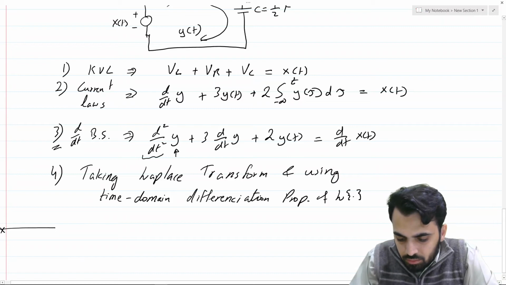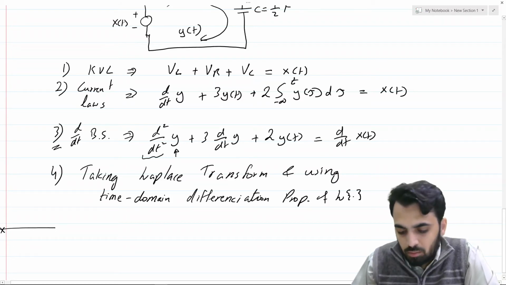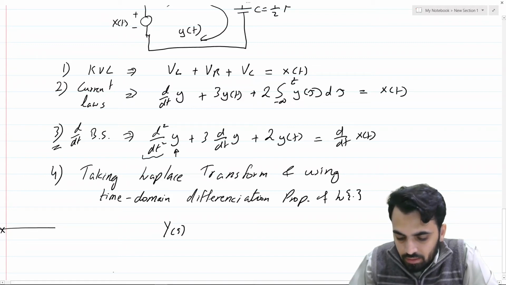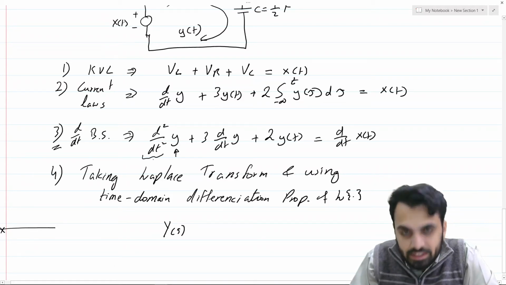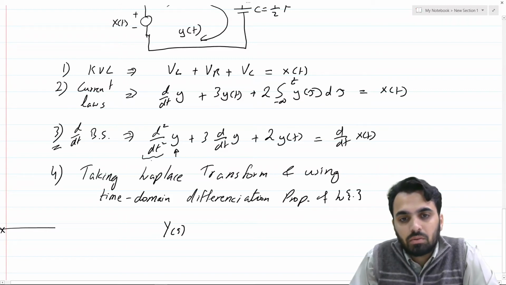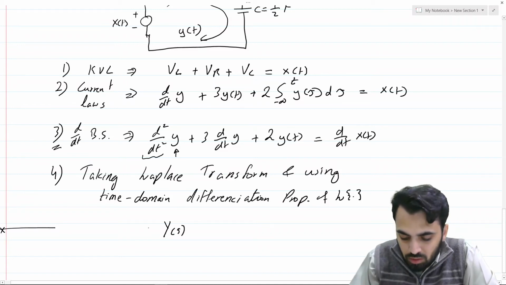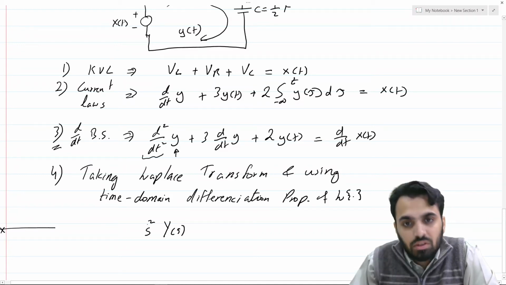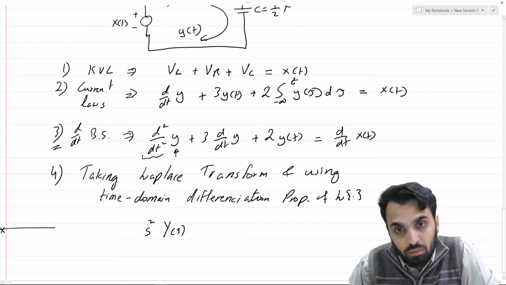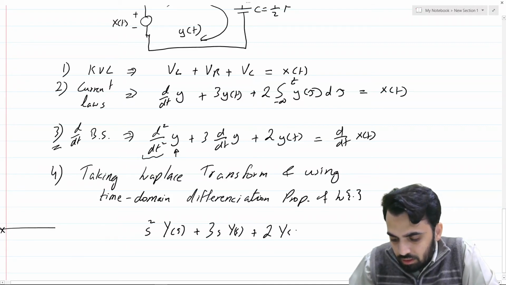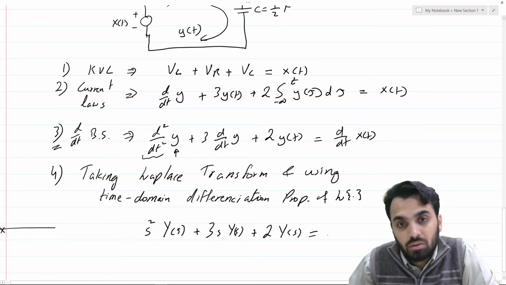So by taking the Laplace transform, from the time domain we go to the s domain, so we would have Y(s). Moreover, if we are differentiating in time, this means that we are multiplying in the s domain. Since we are differentiating twice, we would be multiplying twice with s, so this will become s² Y(s). Similarly, this will become 3s Y(s) plus 2Y(s), and this will be equivalent to sX(s).